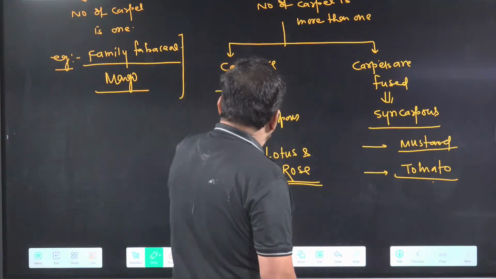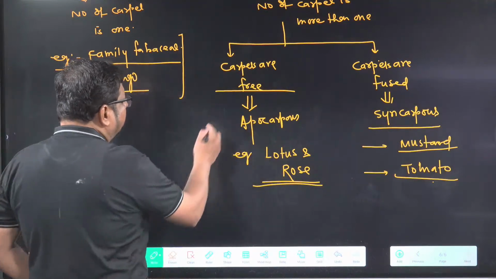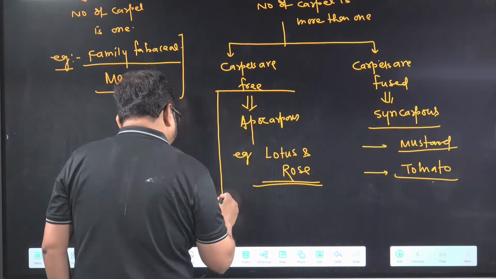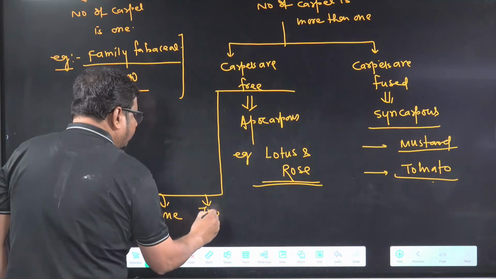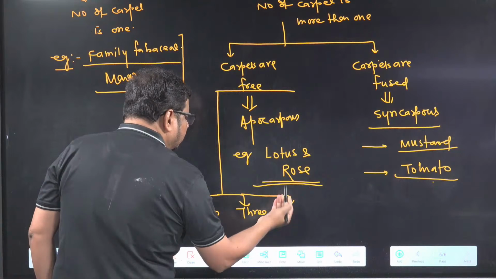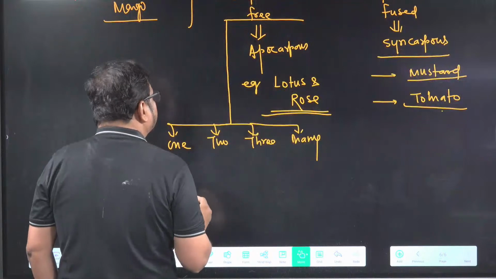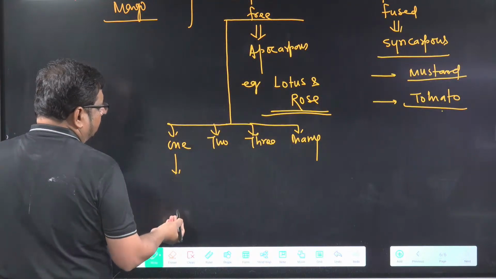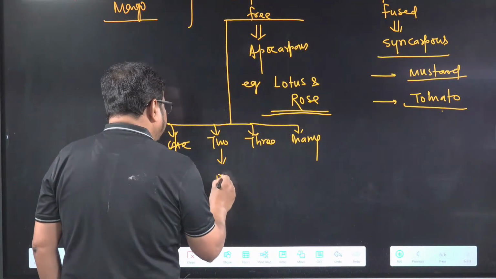Now, if carpels are free, we can give the numbering, na? If one is there, two carpels are there, three carpels are there, we can count how many carpels there are. So what terminology are we giving? If carpels are free and one carpel is there, we say mono, already discussed. Two is bicarpellary.